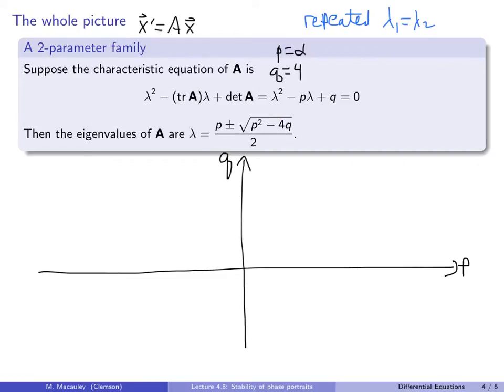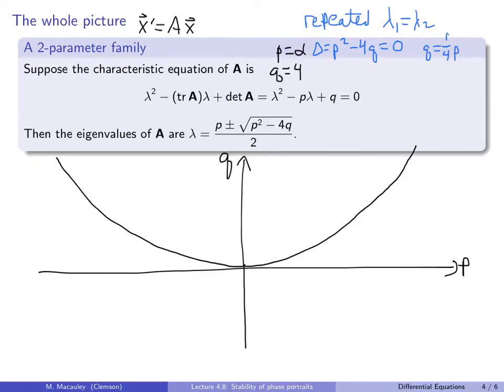So that occurs when p squared minus 4q equals 0. And let me call this the discriminant delta. So this is actually a degree 2 polynomial on the pq plane. It's the polynomial q equals 1/4 p squared. So let me sketch that polynomial. I should say it's a parabola.